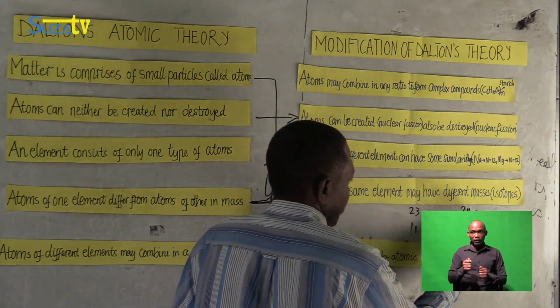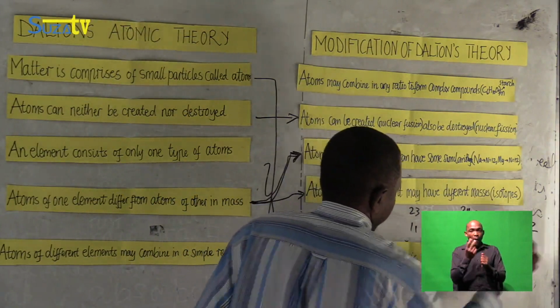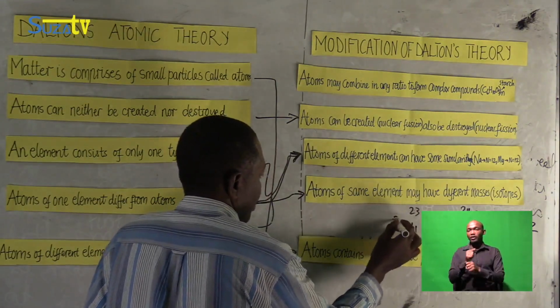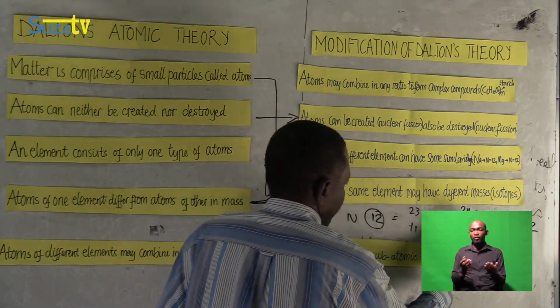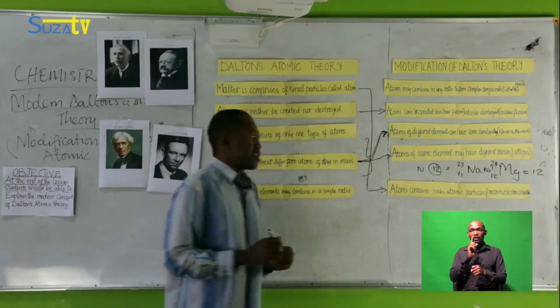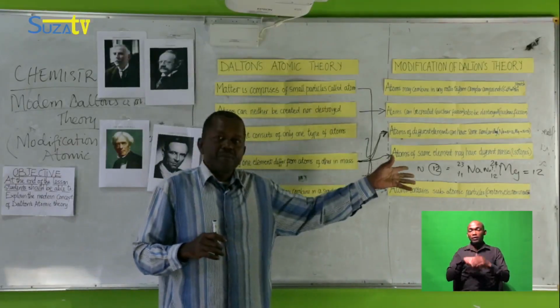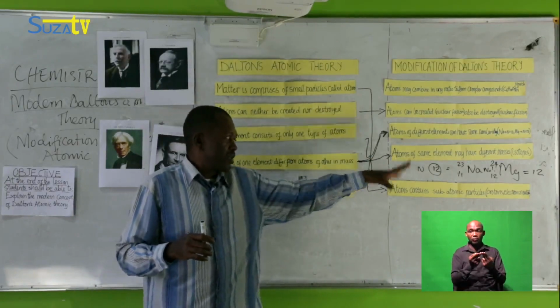So by subtracting 24 by 12, we have 12, and subtracting 23 by 11, we have also 12. And this is the total number of neutron in each case. So it seems that this property becomes the same or resembles from sodium to magnesium.